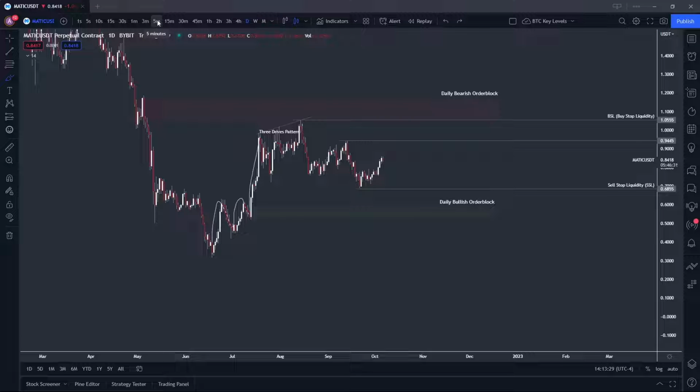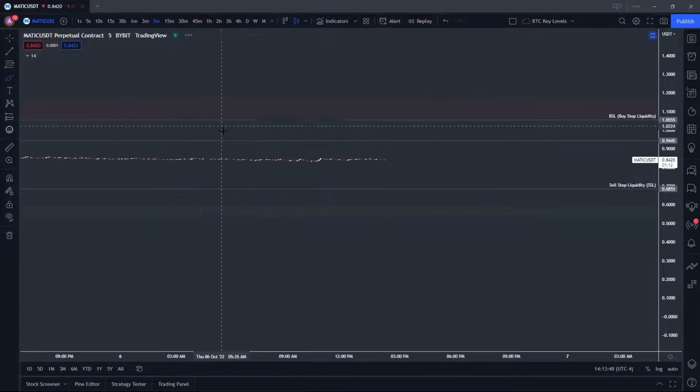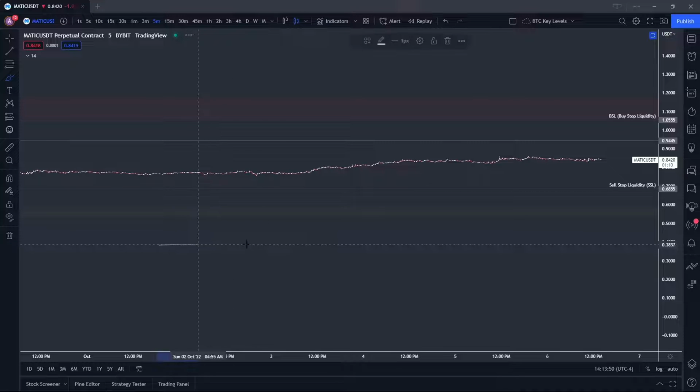Generally, how I enter trades like this is that I'll zoom into a lower time frame. Since institutions usually trade on the daily, that's where you want to identify order blocks, although you can use lower time frames. But to find an entry, I'll see this tap into this order block, and I'll go to a lower time frame, like the 5 minute.